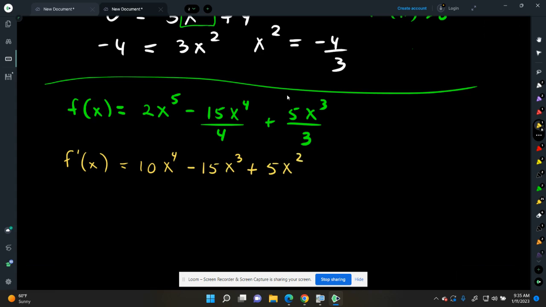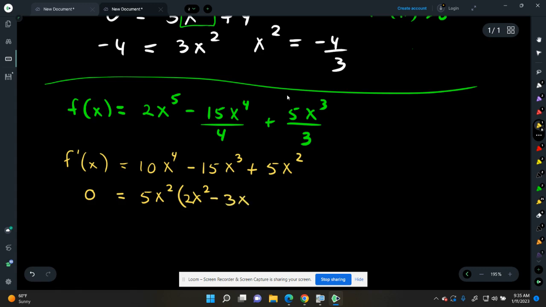It's kind of scary looking, but when we take the derivative, it simplifies a little bit. Now I want to set that equal to 0, so I'm going to factor a 5x squared out. And it gives me 2x squared minus 3x plus 1.